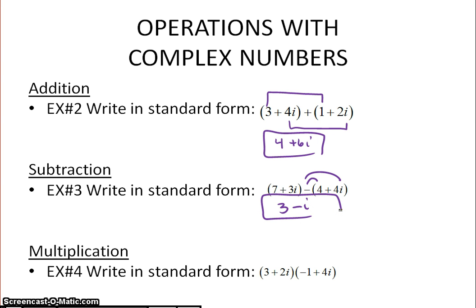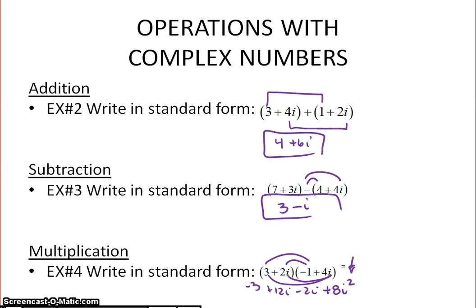Then we're going to multiply. When you multiply, you either use the box method or FOIL. So I'm just going to do first, which is minus 3, outer 12i, inner minus 2i, and last is plus 8i squared.